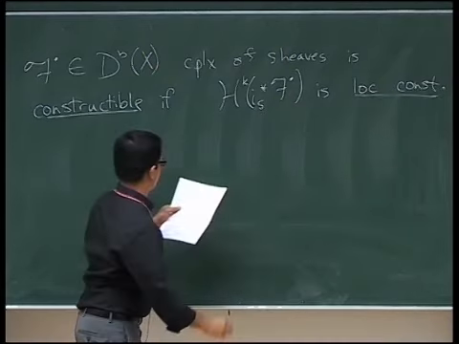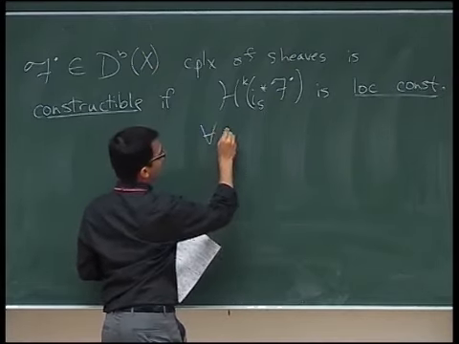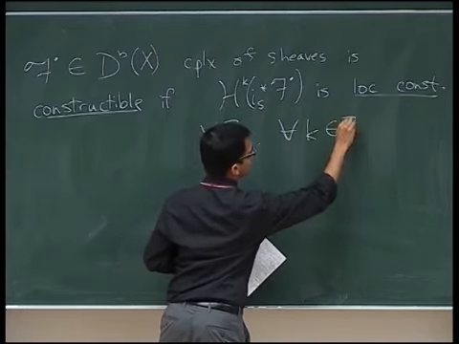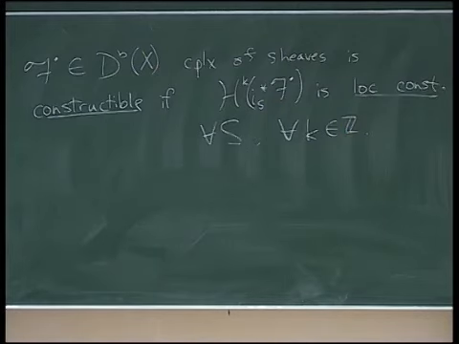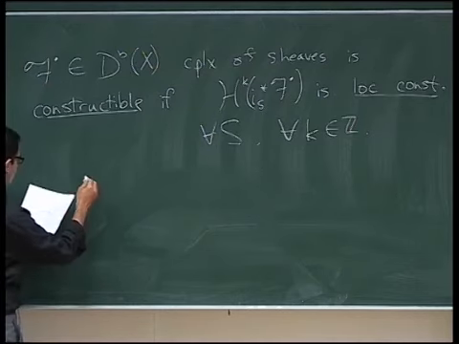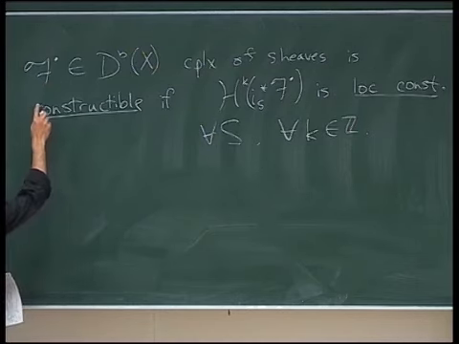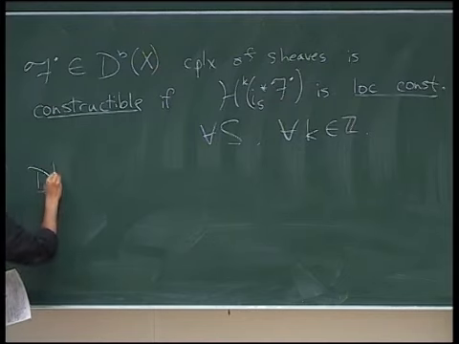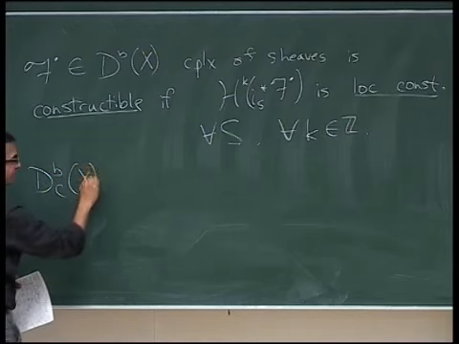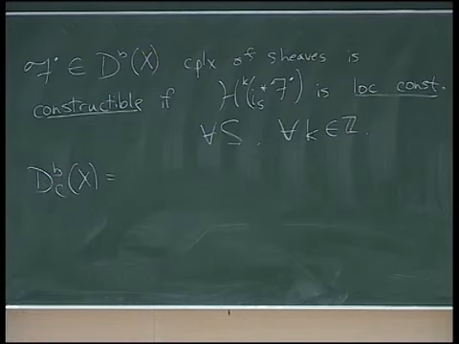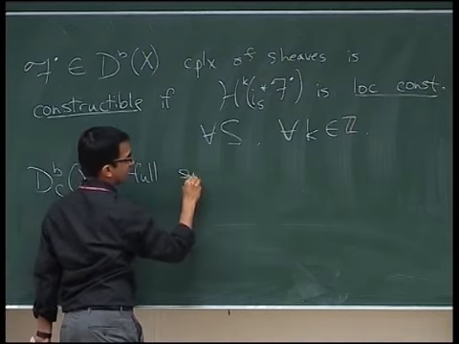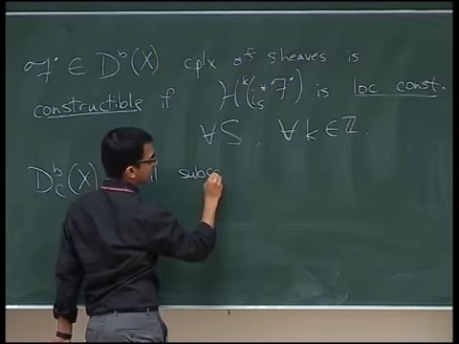Okay, so this is for all strata S and all integers k. So that's of course a well-known definition. And then the class of objects which have this condition, that's called D^b_c of X, and that's the full subcategory consisting of such objects.